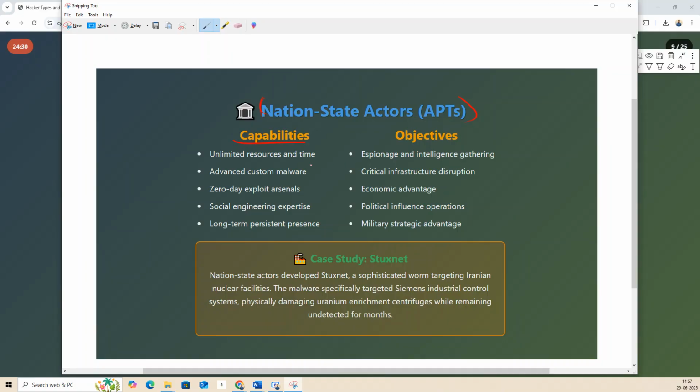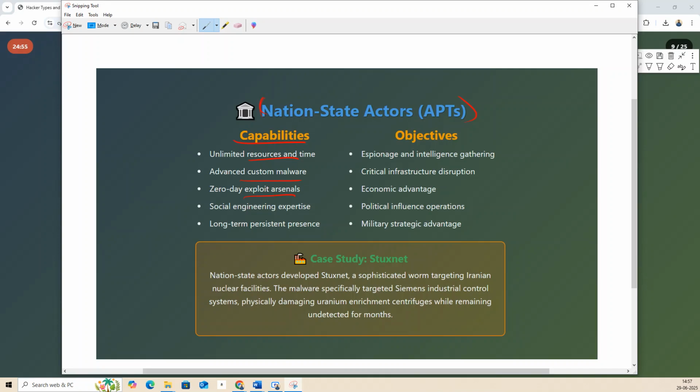Unlimited resources and time. We are talking about military budgets dedicated to cyber operations, advanced custom malware that's never been seen before and may never be detected by traditional antivirus. Zero day exploit arsenals. They are sitting on vulnerabilities that no one else knows about.